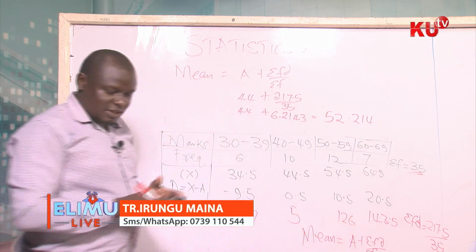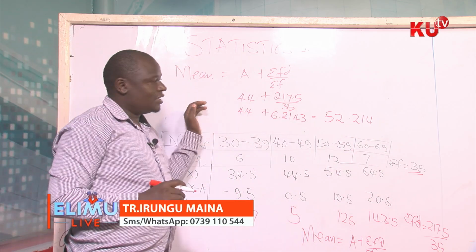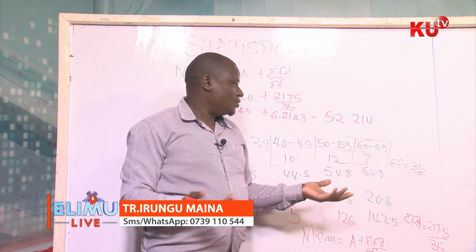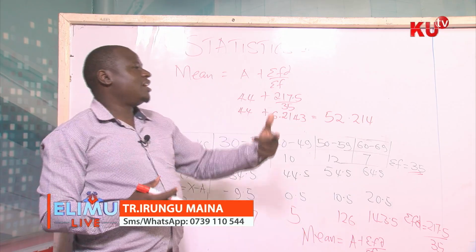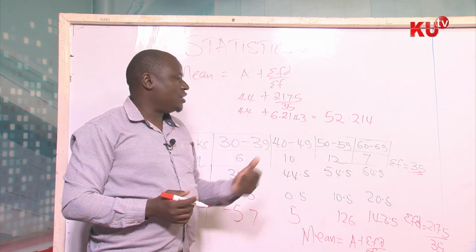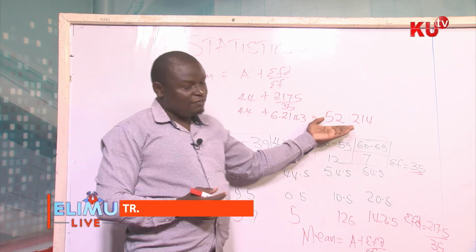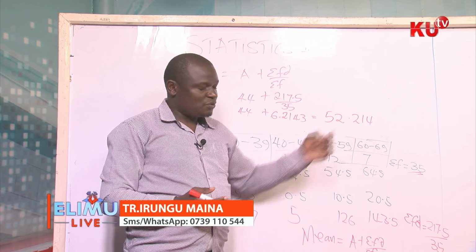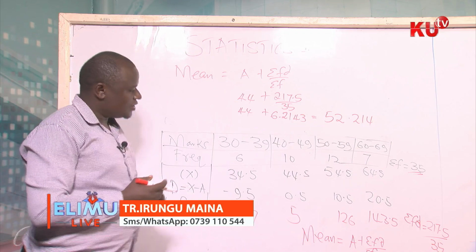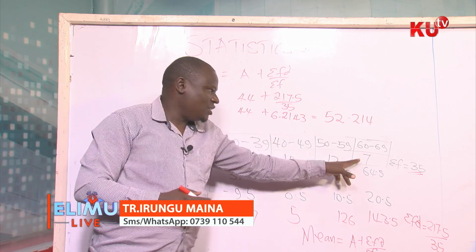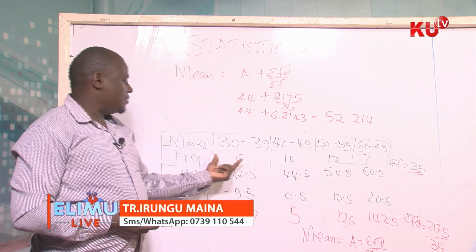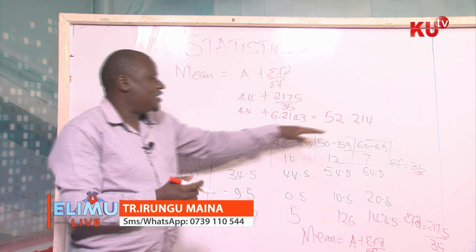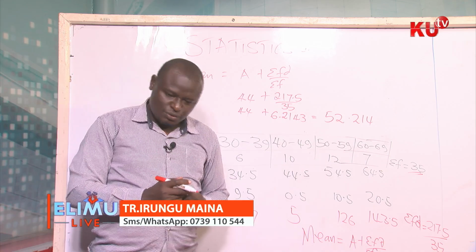So basically, this class in this particular cut had a mean score of 52.2. If they were to compare with their competitors, it is easily visible that this class got a mean of 52.2 marks. Some students scored above 60, but there are still some students who scored below 40. The average was found, and it is basically 52.2.